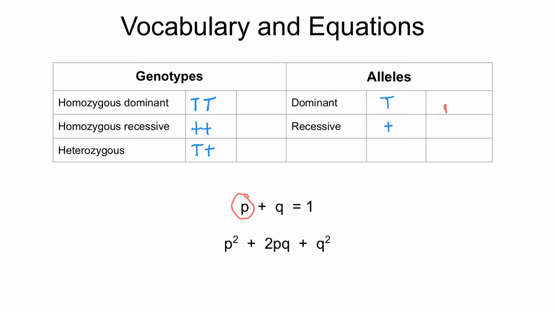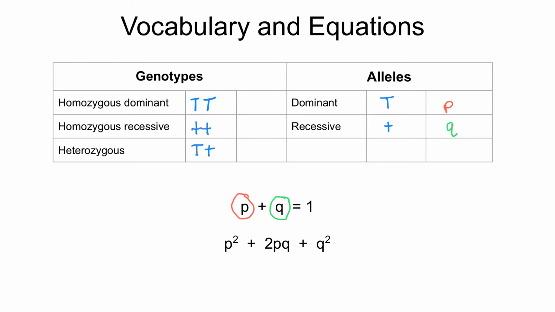So we're just going to write a little P here because we know that that's what represents the dominant allele. And then for the recessive allele, that is represented by Q in the equation. And so I'm going to write a little Q here. Okay. And so we know that the recessive allele is represented by Q.